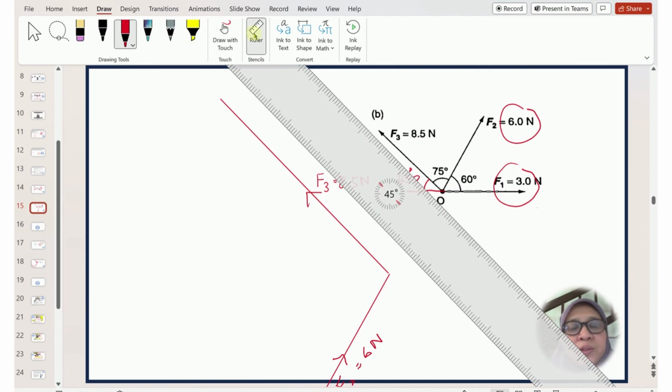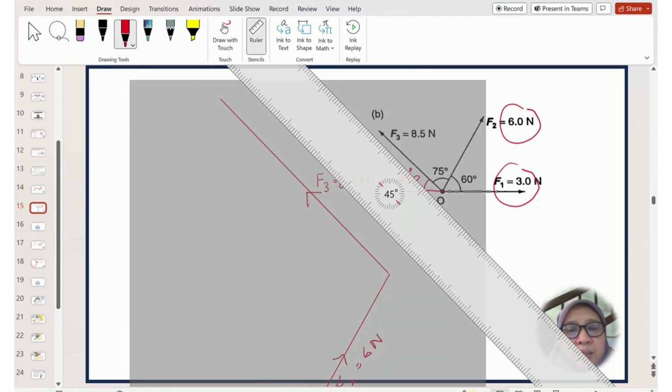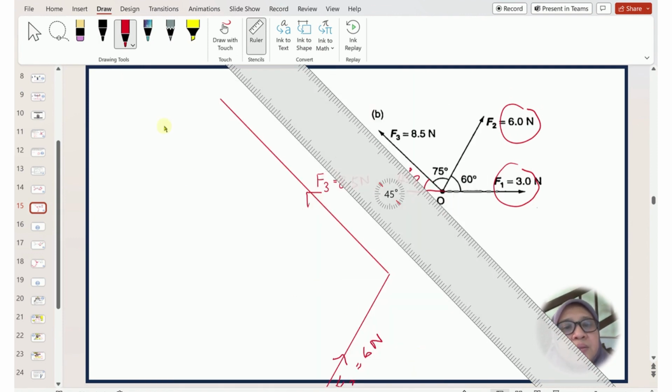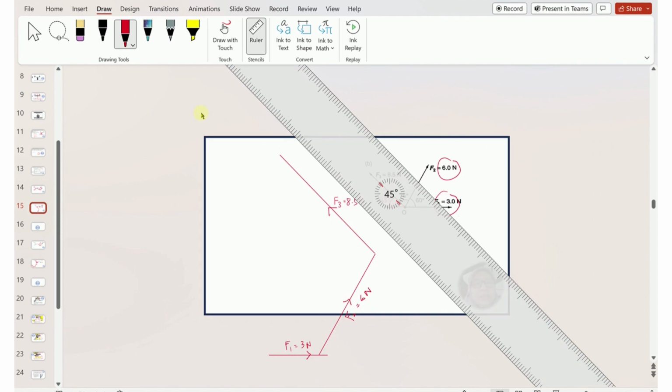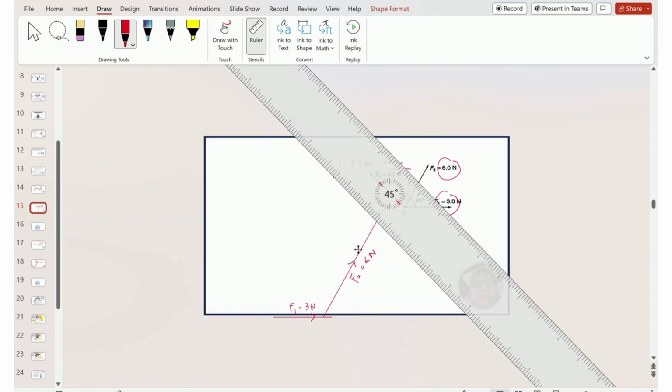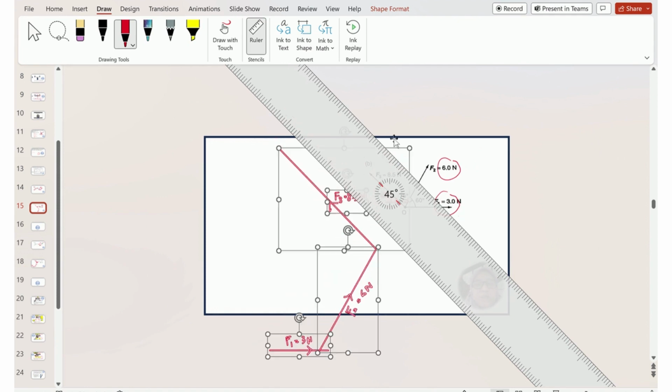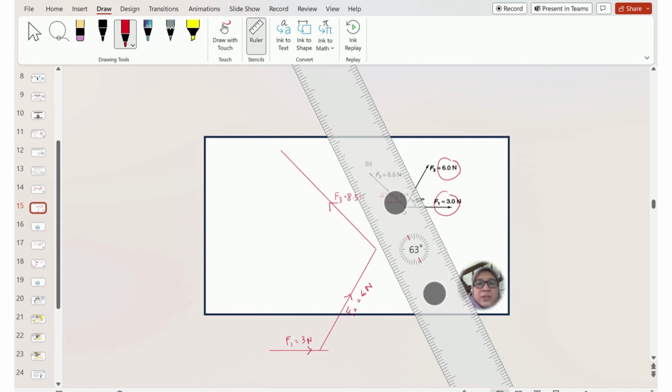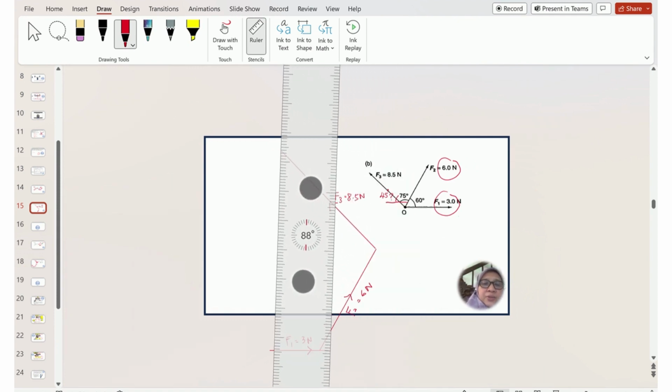Then lastly F4 will be joining F3 back to F1. Now it's too large. If it is too large, you can use the ruler to join the two.